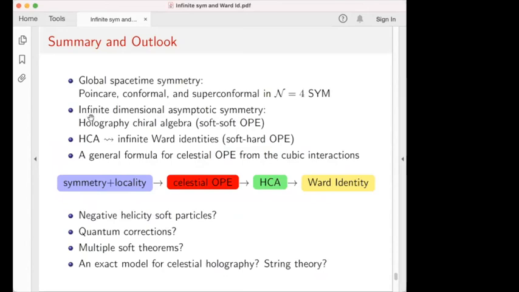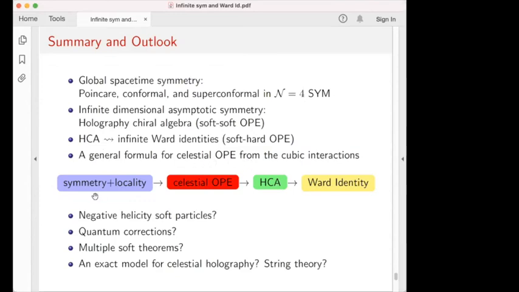So I derived an infinite dimensional symmetry algebra called the holographic chiral algebra from the soft OPE, as well as the corresponding Ward identities associated to this infinite dimensional symmetry. And also, I presented a general formula for celestial OPE from cubic interactions.